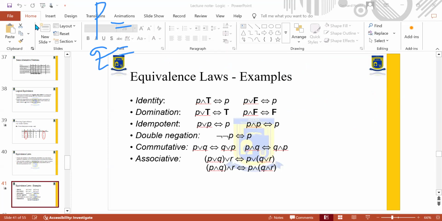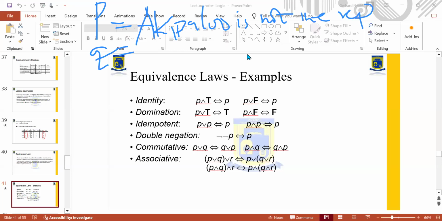Please, Akpalu is not the class prefect. Akpalu is not the rep. Okay, the Q is what? So the Q is Akpalu is the class prefect.